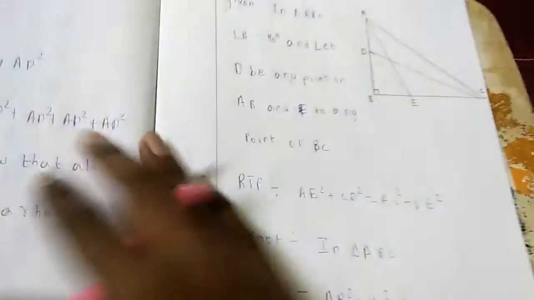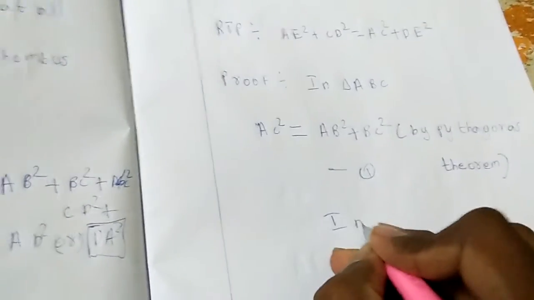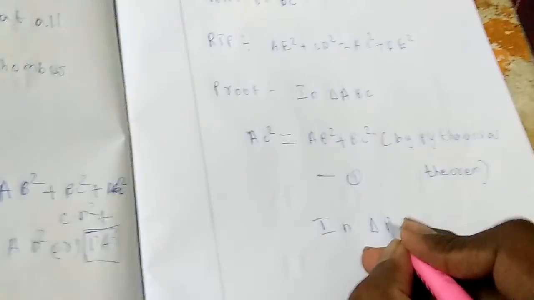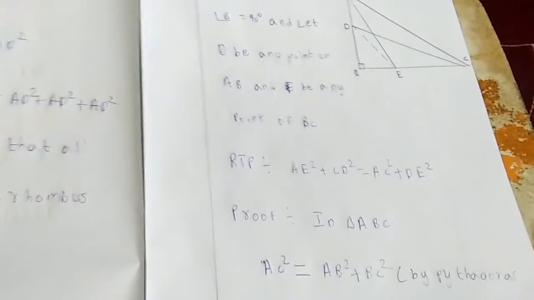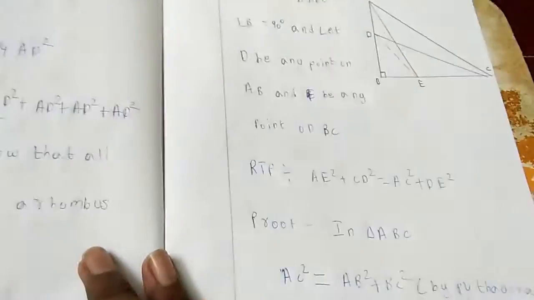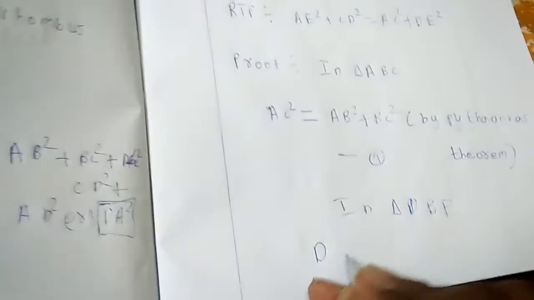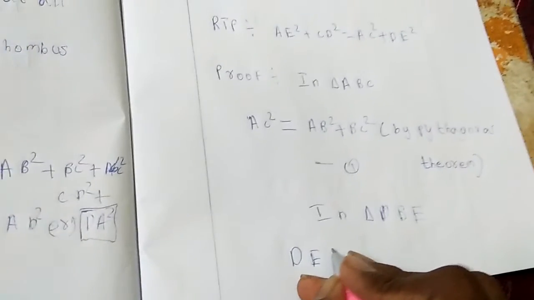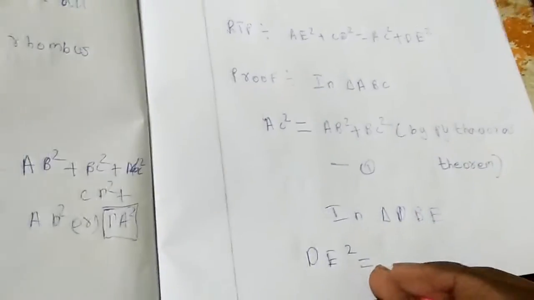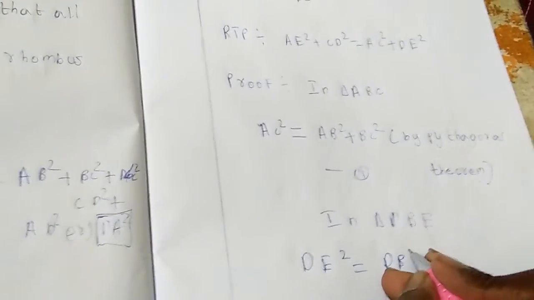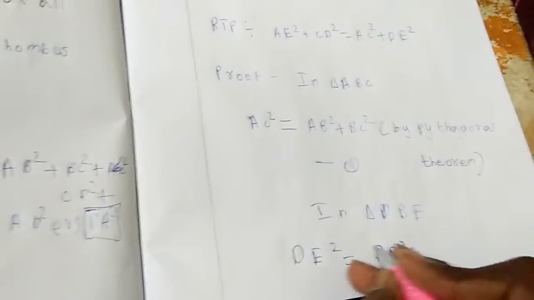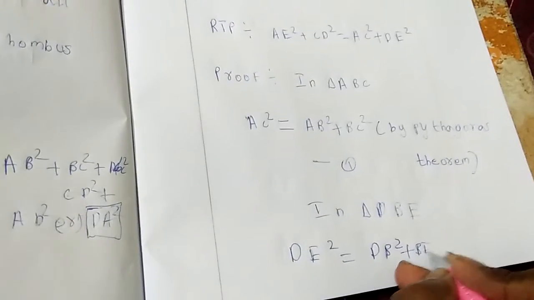So now take triangle DBE. From here only we can say that DE square is equal to DB square plus BE square.